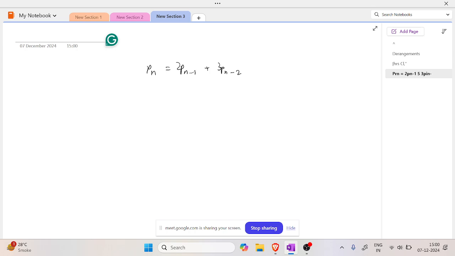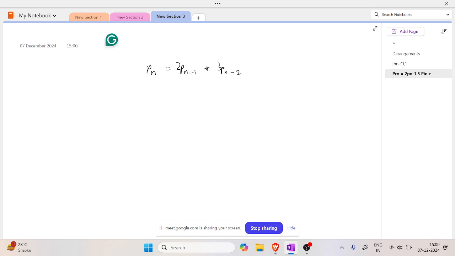So basically, for stuff like this, you might need to solve some characteristic equation. So basically, I'll quickly cover how to do that here.